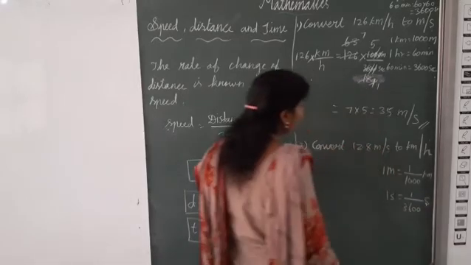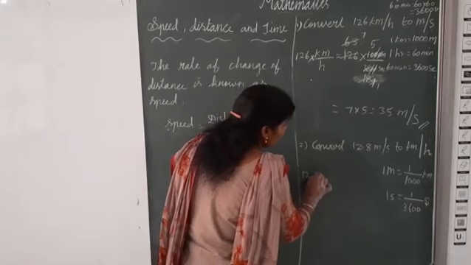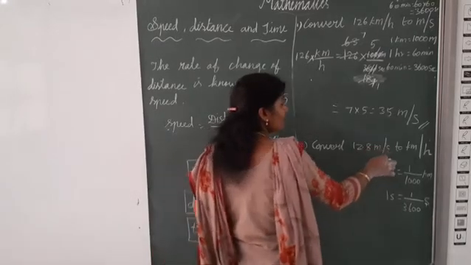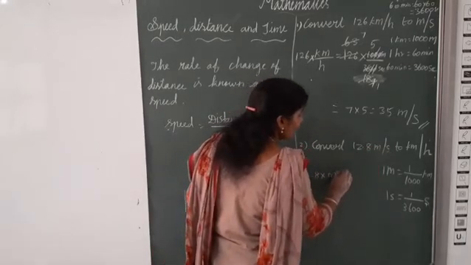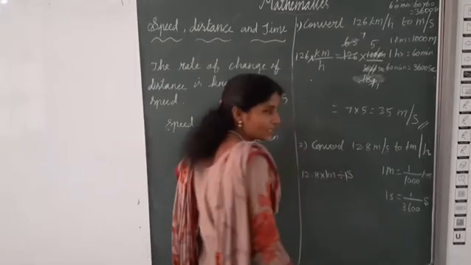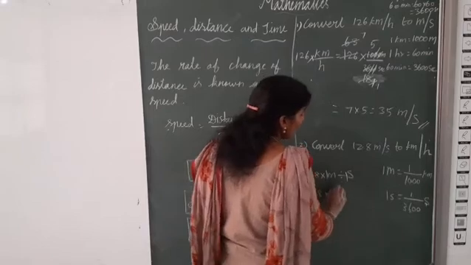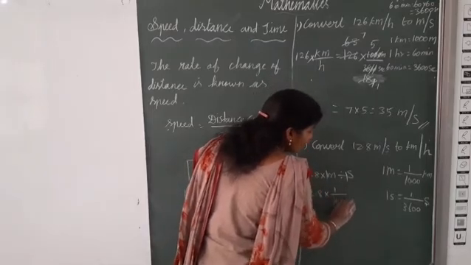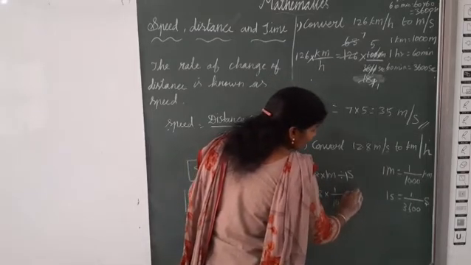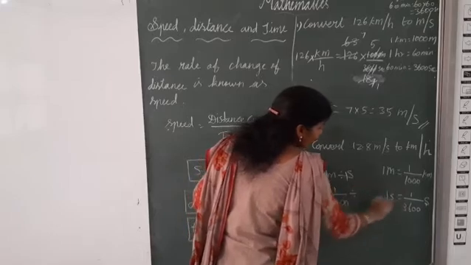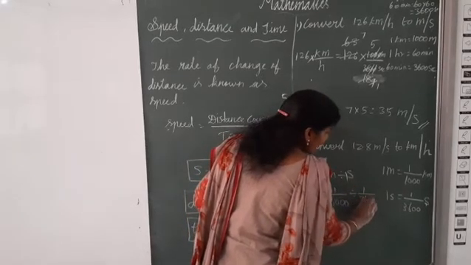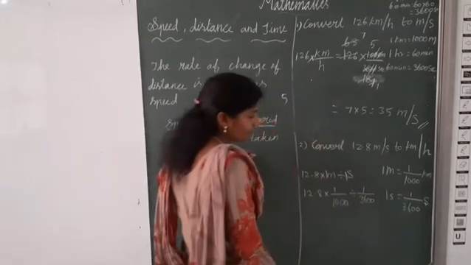hour. Okay. Now we can write 12.8 into meter per second means meter divided by second. 1 meter divided by 1 second. So 12.8 into 1 meter is equal to 1 by 1000 kilometer divided by 1 by 3600 hour.